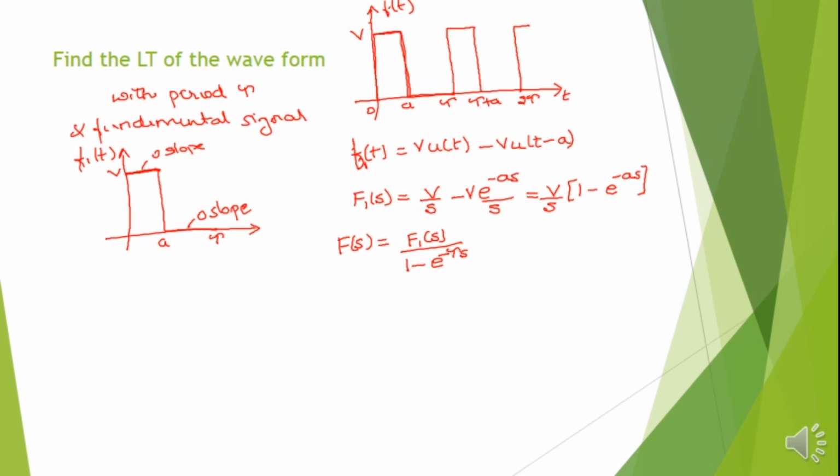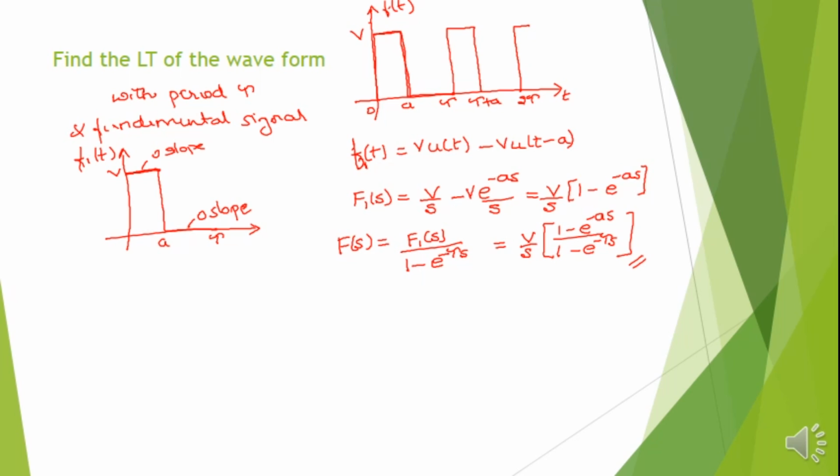So what is F of s? V by s into 1 minus e to the power minus As, divided by 1 minus e to the power minus tau s. So this is the Laplace transform of F of s.